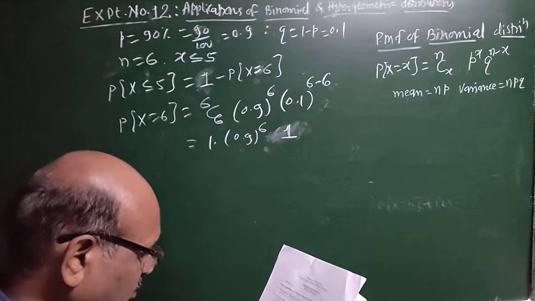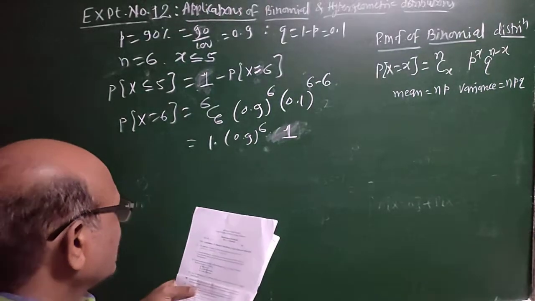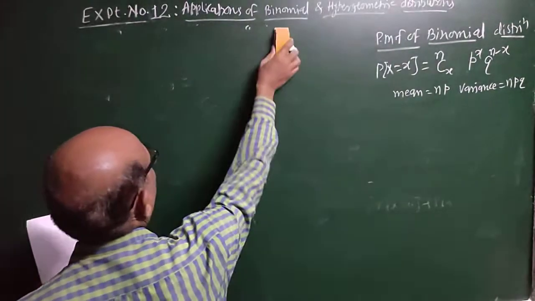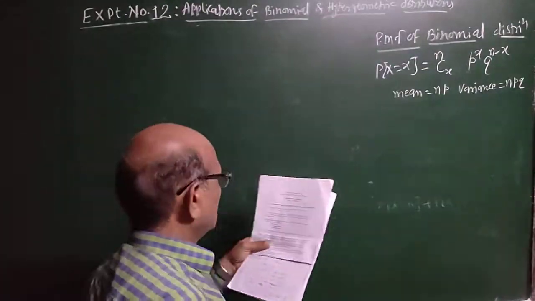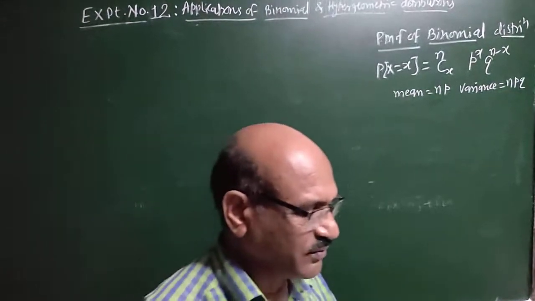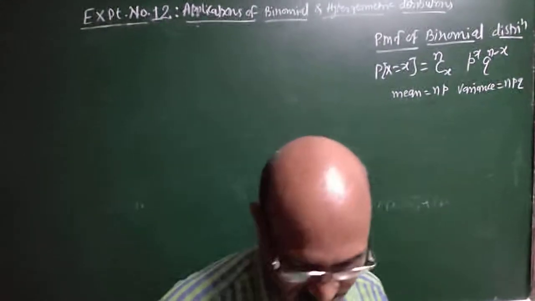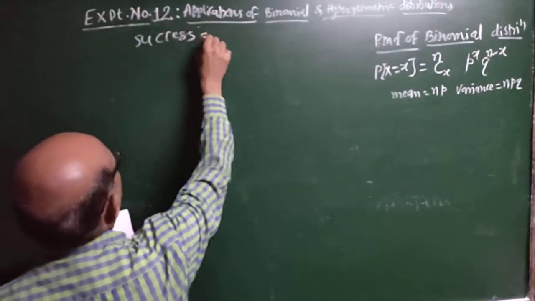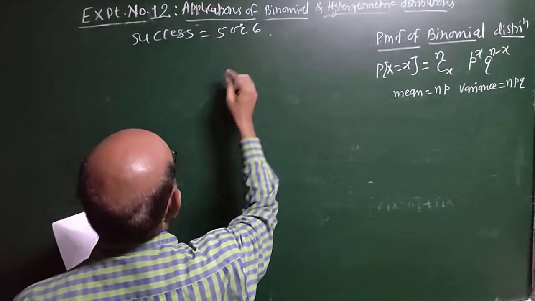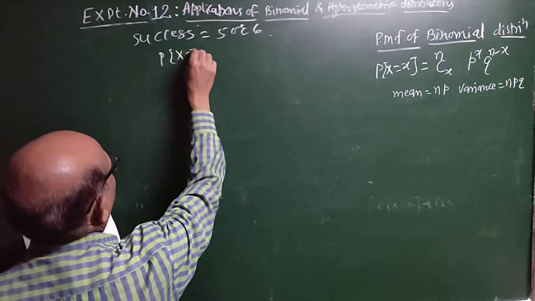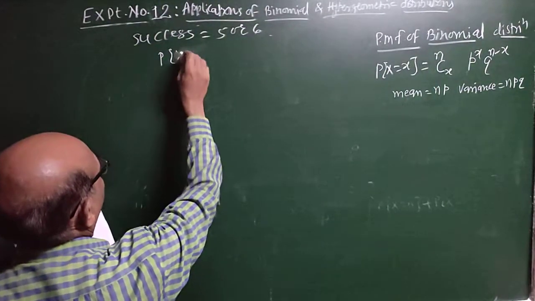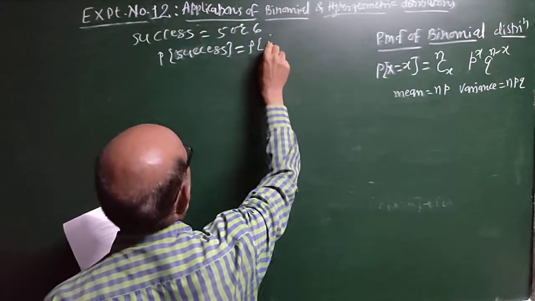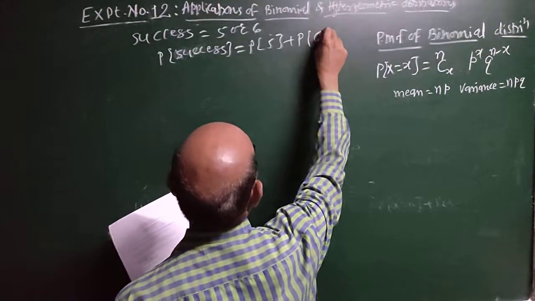Then the third question: 7 honest dice. Honest means regular dice which have 6 faces. 7 honest dice are rolled. If the occurrence of 5 or 6 is called success, success means getting 5 or 6. So probability of success is probability of 5 plus probability of 6.